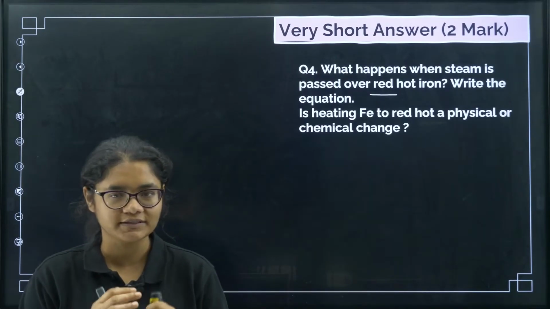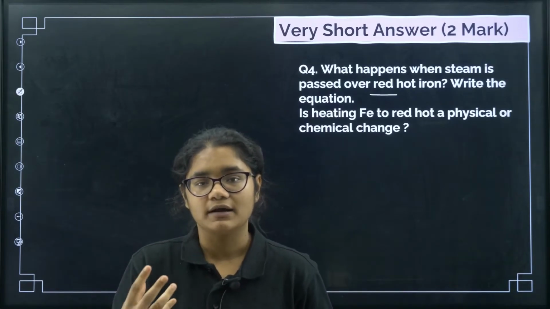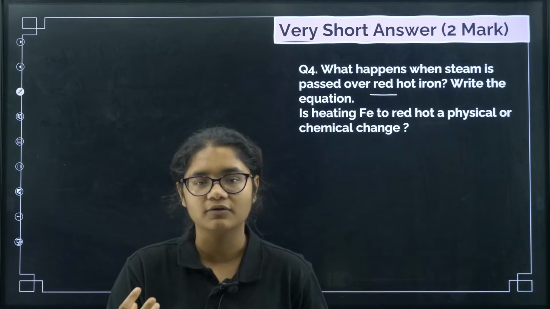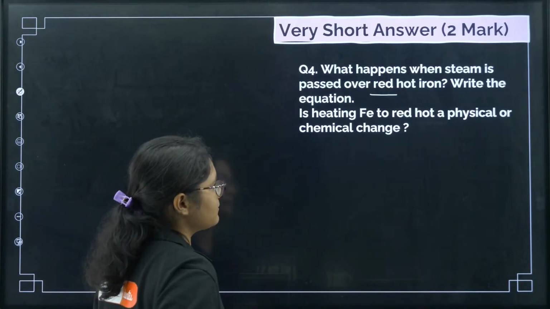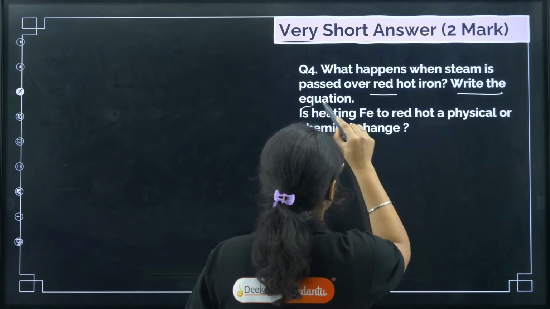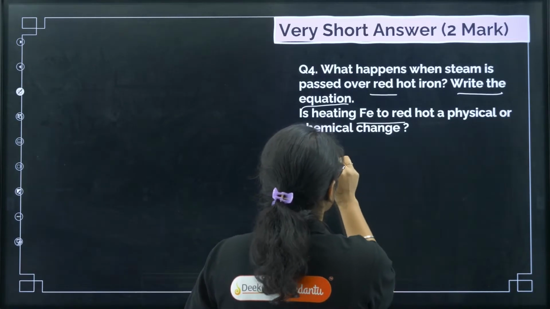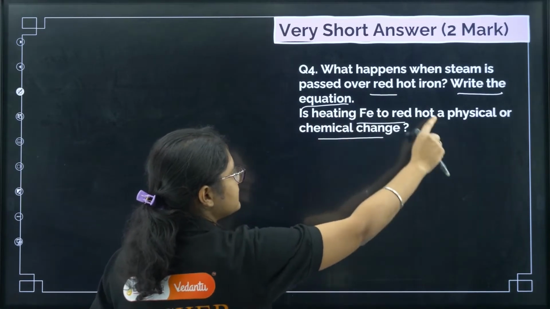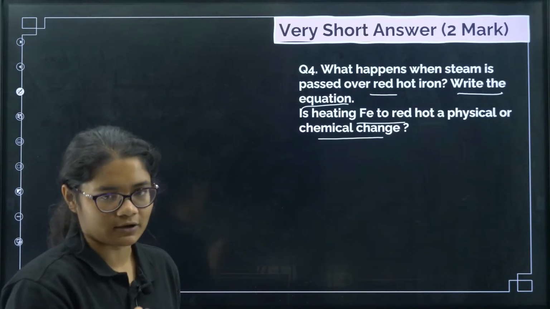Whenever a 2 marker question is asked, read the question and try to understand which part of it carries marks. There is one part, write the equation, which is 1 mark. Then, is heating Fe to red hot a physical or a chemical change? That is the second mark.